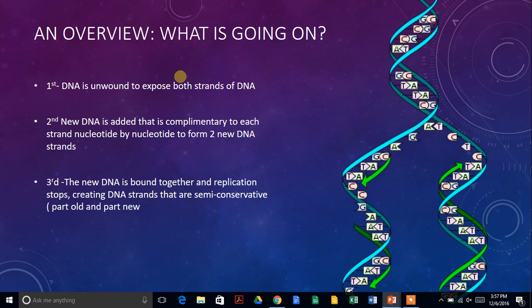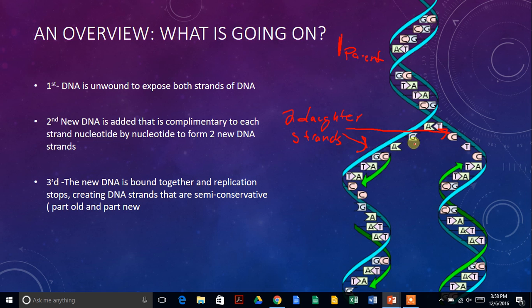So an overview, what's going on? What's going on is we have one parent strand of DNA, and we make two daughter strands. And we do that by first unwinding our DNA so that it's two kind of single strands that are separated from each other.